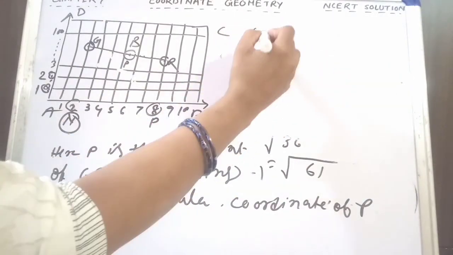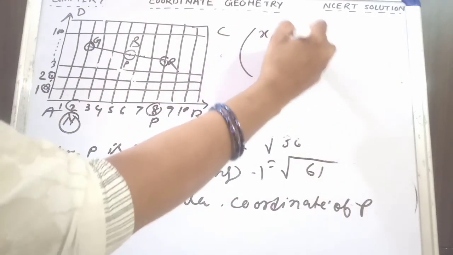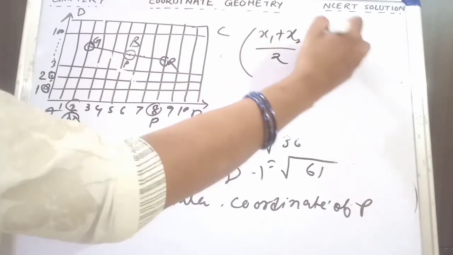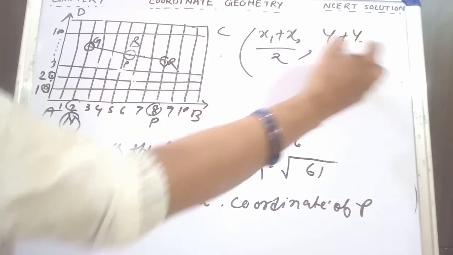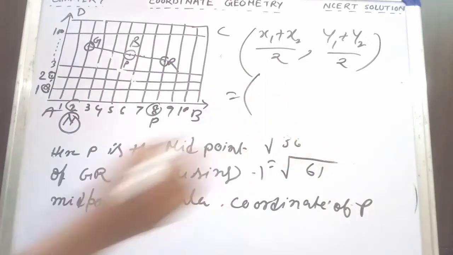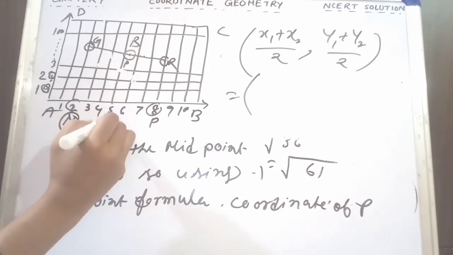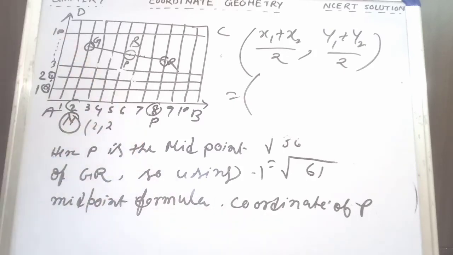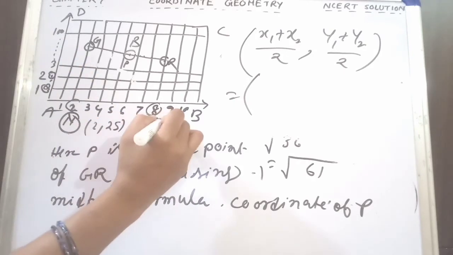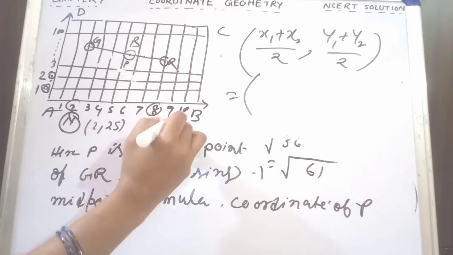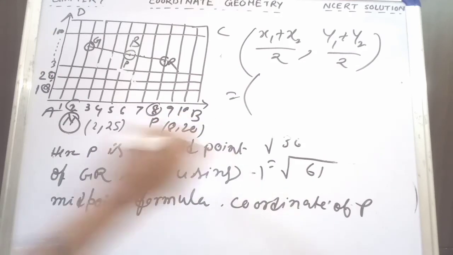So what's the midpoint formula? x1 plus x2 by 2 comma y1 plus y2 by 2. So now again write the coordinate, that means 2 comma 25, 1 by 4, that means 25, and coordinate of R 8 comma 20.